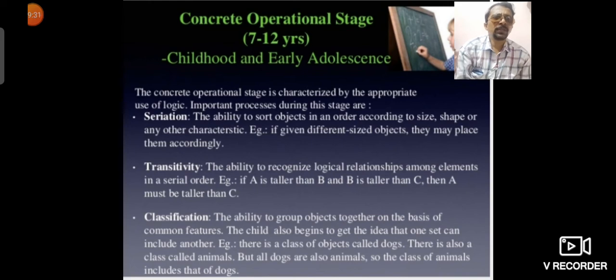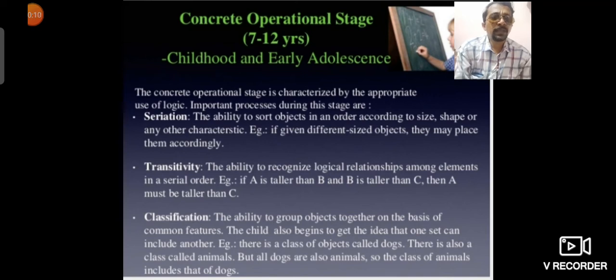Important processes during this stage are: the first one is seriation, the ability to sort objects in an order according to size, shape, or any other characteristics. Example: if given different sized objects, they may place them accordingly.